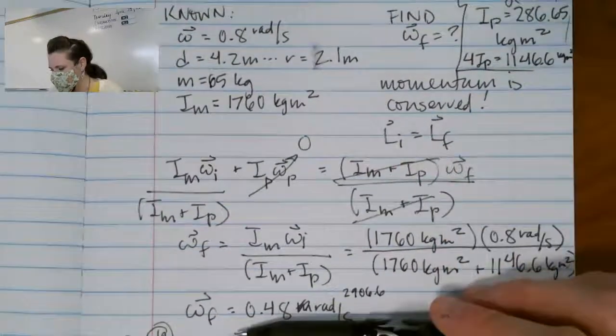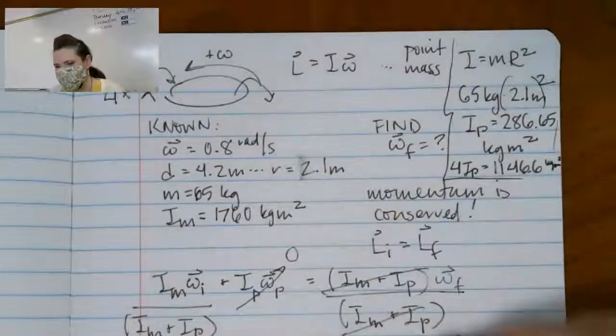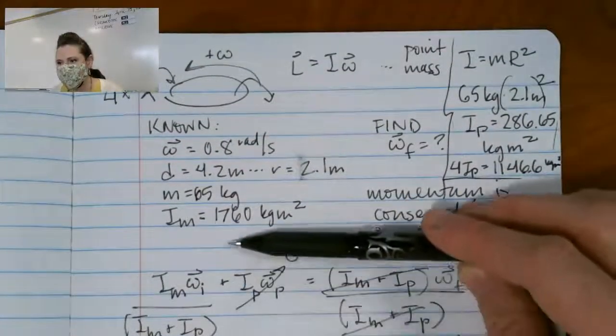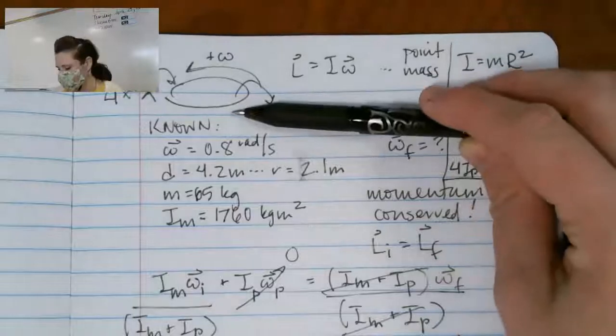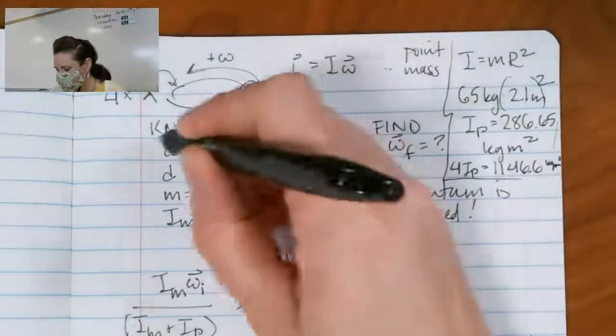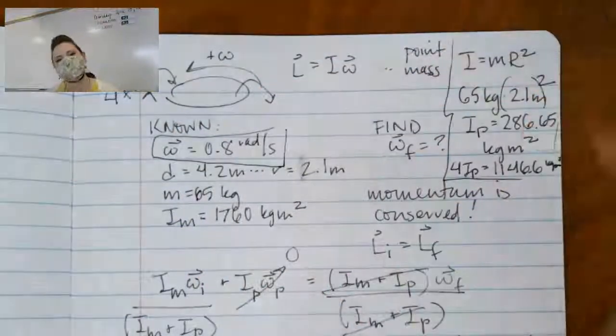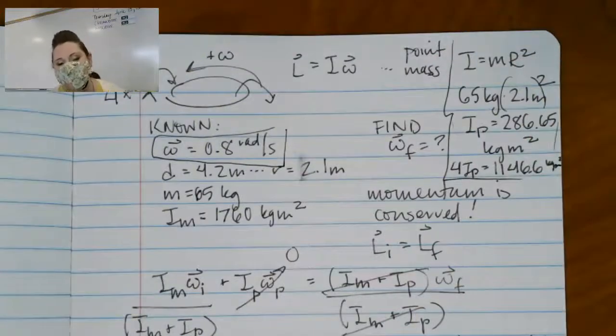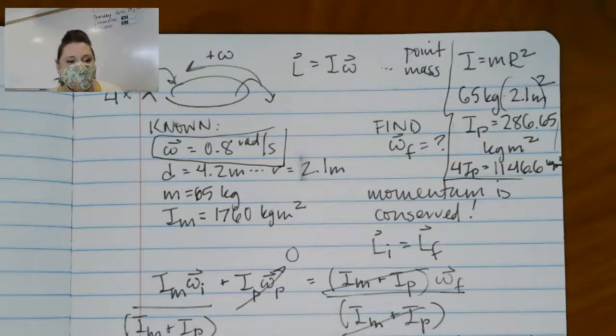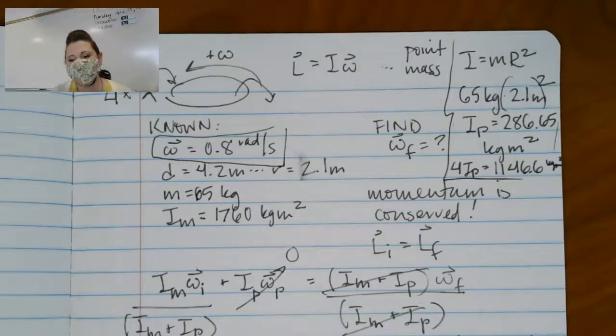So this momentum stays conserved, which means if we work through this problem literally backwards, we get back up to our same initial velocity. So if these people jump off the merry-go-round, it resumes its initial angular velocity of 0.8 radians per second. So there you go, everybody. There's the answer to the problem we started in class today.